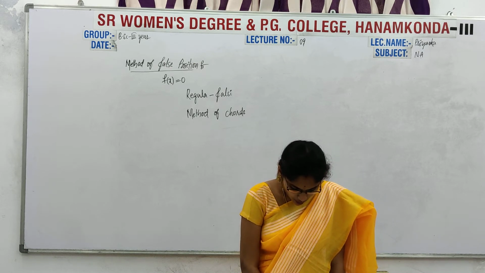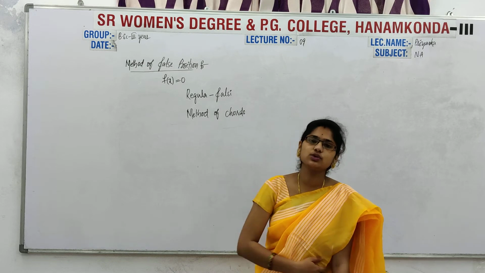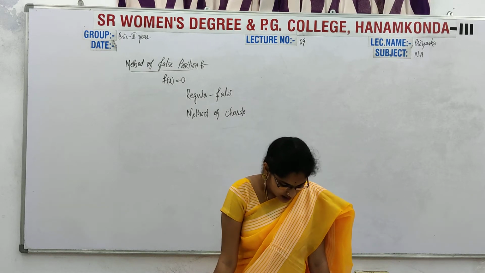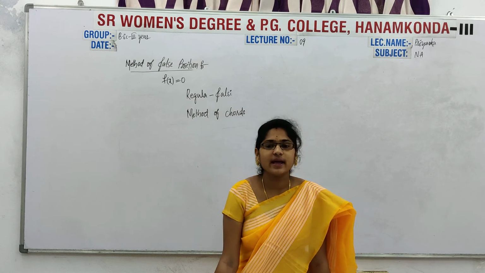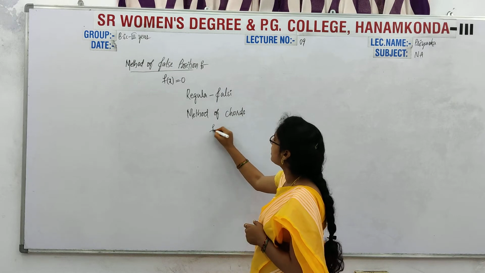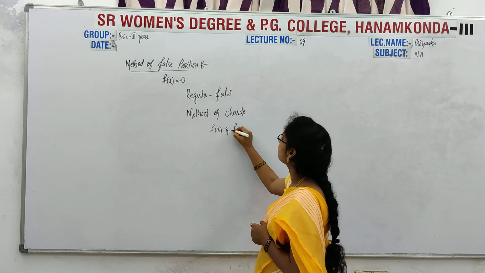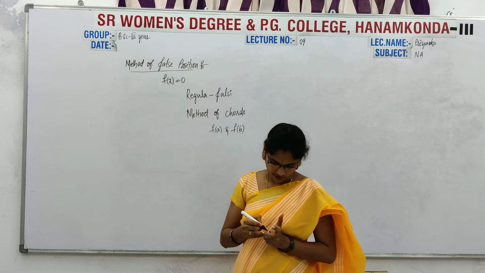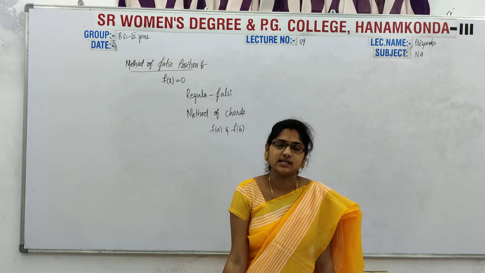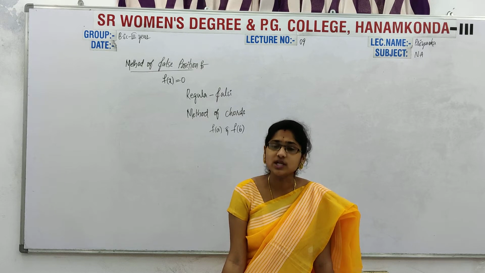We choose two points a and b such that f(a) and f(b) are of opposite signs.